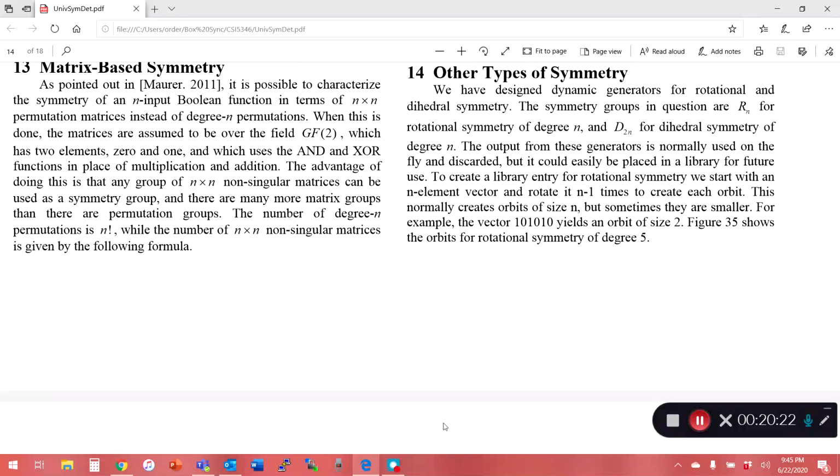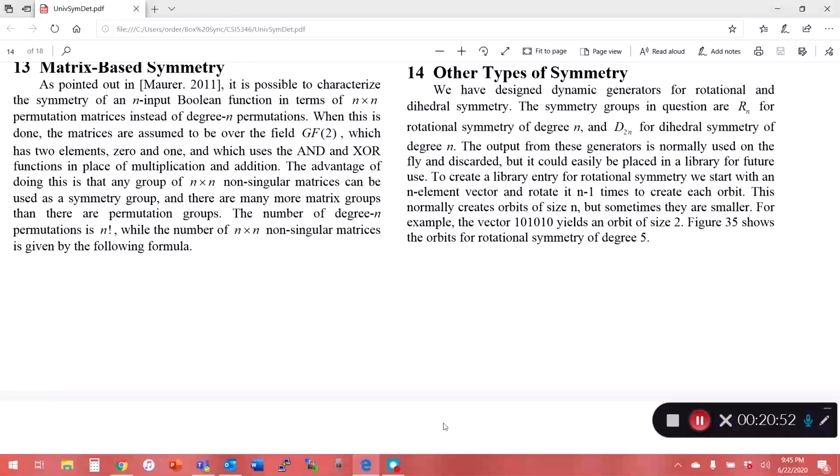Now, there are a couple of different ways that this can be approached. We can have a library that is computed once, and then we access that. I've actually created libraries for all subgroups of S sub n up through S sub 8. As you may imagine, it takes a relatively long time to do this.